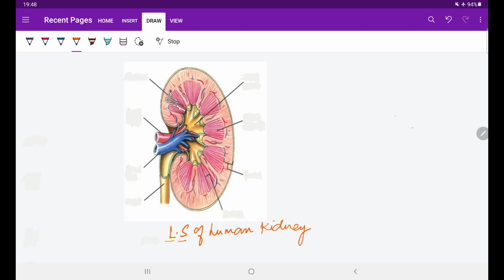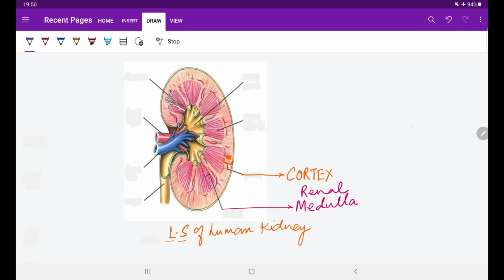We observe that the human kidney has two distinct layers. The outer layer, which is lightly stained, is called the cortex, whereas the inner portion, which is darkly stained, is called the medulla. In other terms, it is also called the renal medulla.